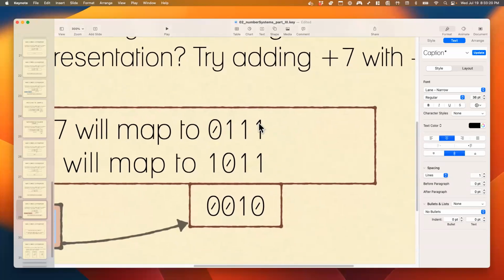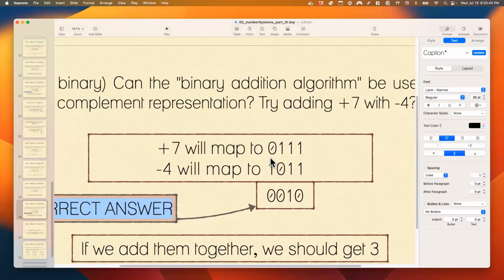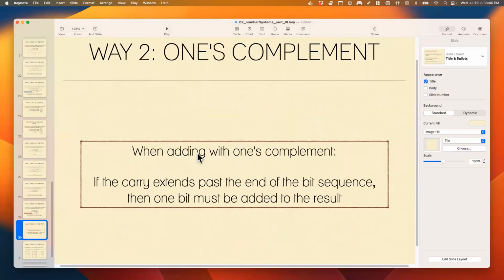If you do the addition, 1 plus 1, there's a 0 and there's a 1 here. 1 plus 1 plus 1, that's going to be 1 and there's a 1 here. 1 plus 1 plus 0, that's going to be 0 and there's a 1 here. 1 plus 0 plus 1, there's a 0 and there's a 1 here. So there is a 1 that's extending, again, the most significant bit as a carryover. And that goes here. And if we add it, we end up with 0, 0, 1, 1, which is the correct answer. And that's all in the slides.